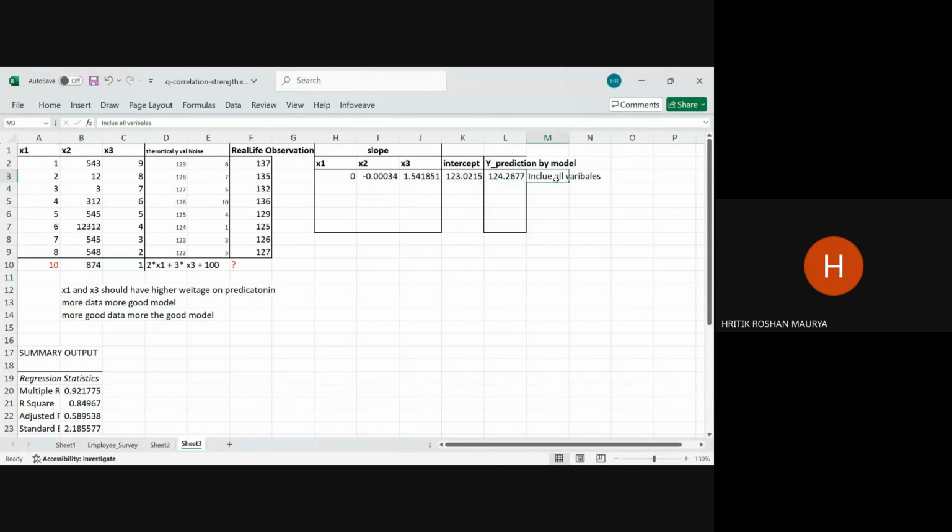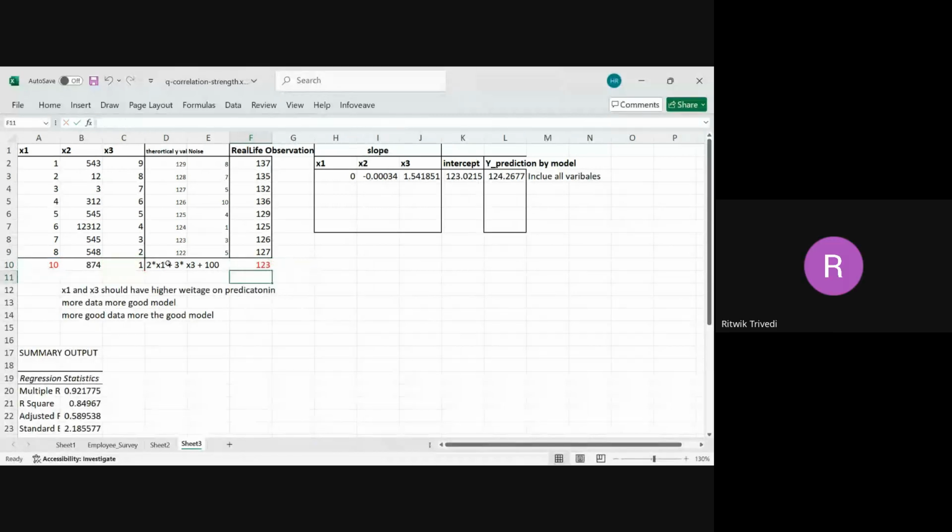So when I am including all the variables, I am getting this as 120. But what is the expected value? The expected value is 2 times x1 plus 3 times x3 plus 100.